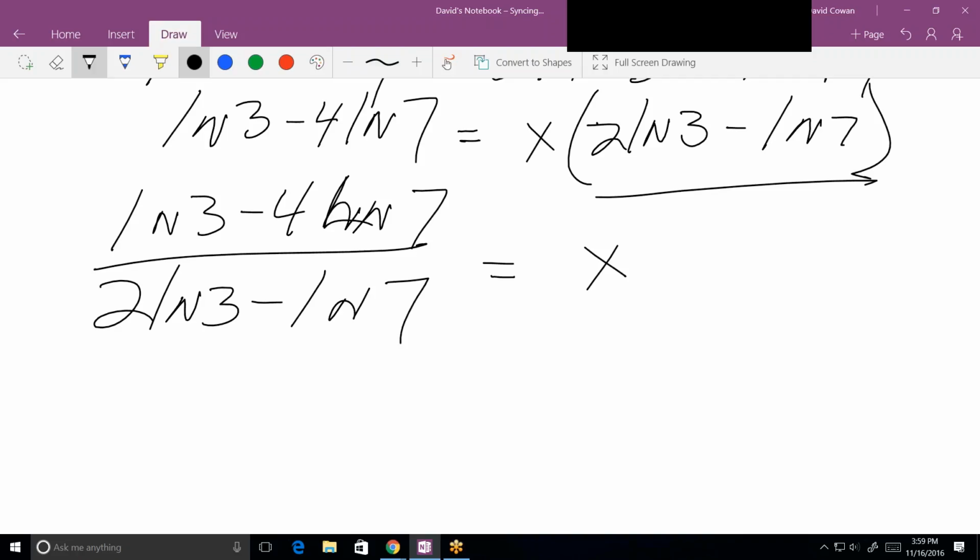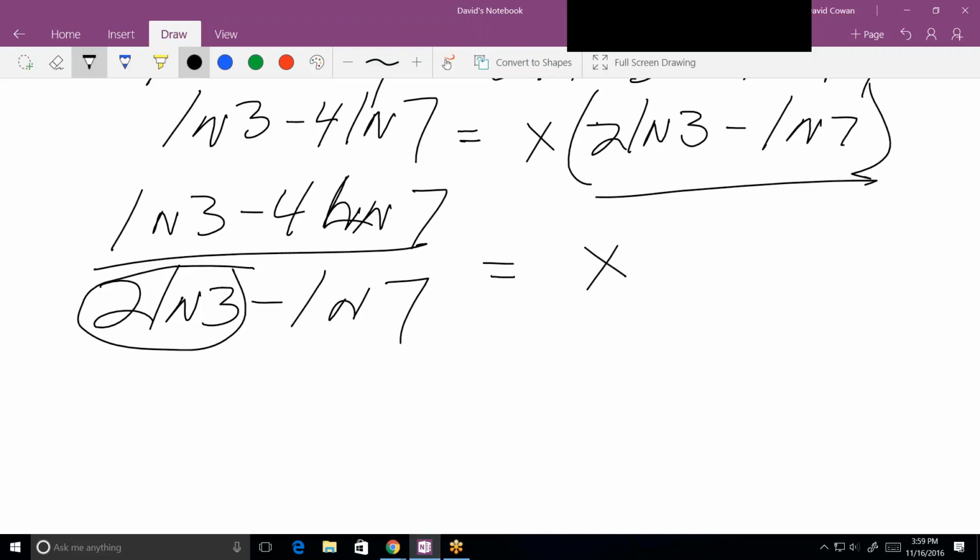Now, can we simplify that? I don't think so. In other words, I could call this denominator natural log of 9. You see why? That's the natural log of 9, because it's the natural log of 3 squared.